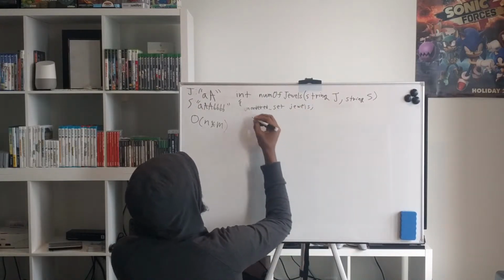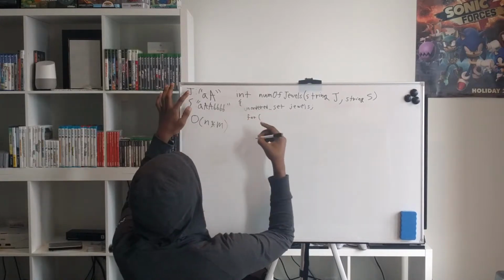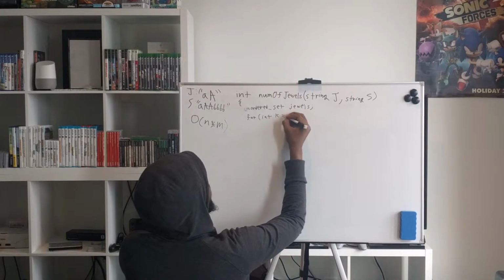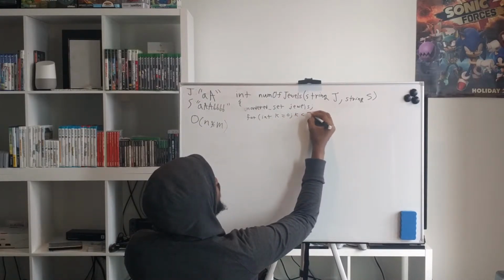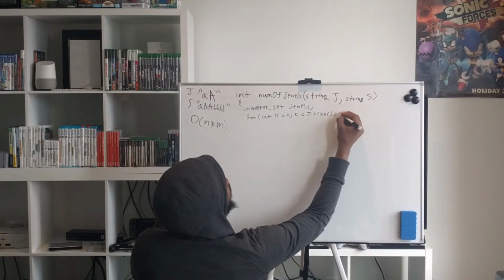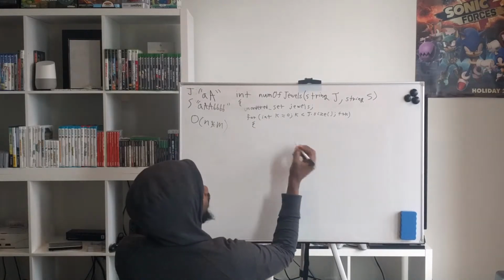All right. What we're going to do is go over the elements in J. So for int, let's say k equals 0, while k is less than j dot size, plus plus k. And we're just going to insert it.